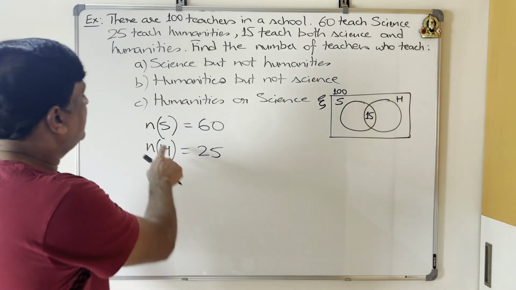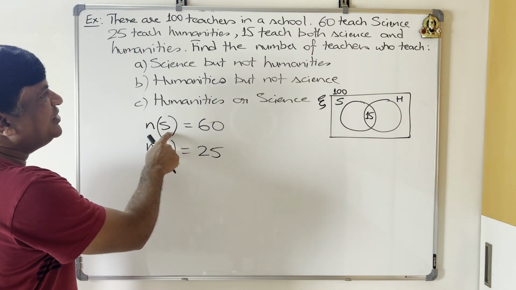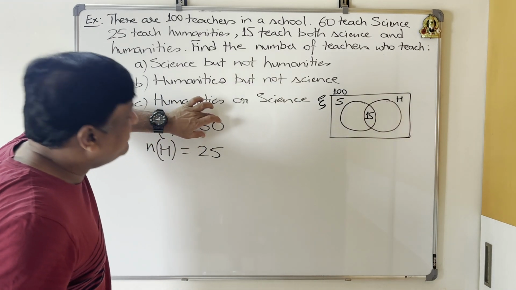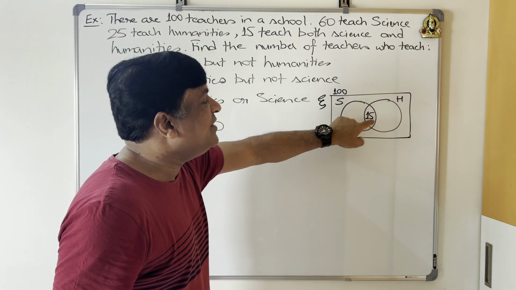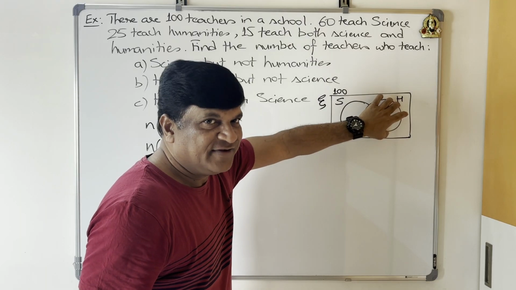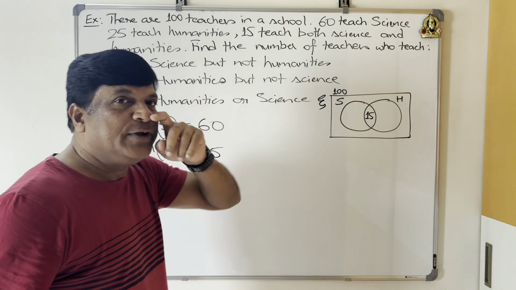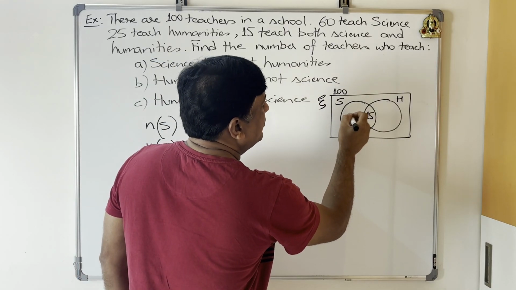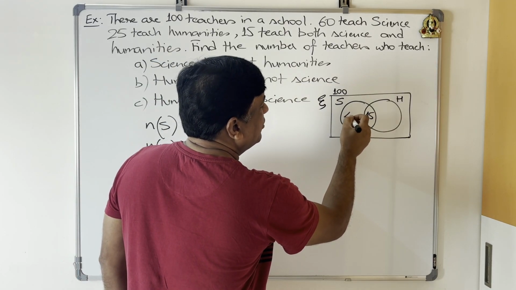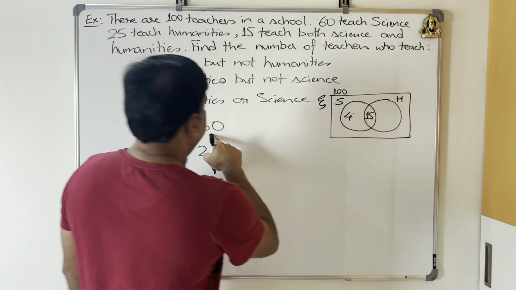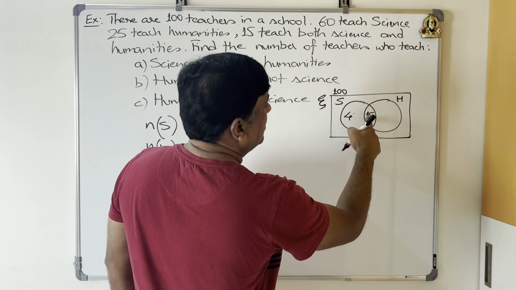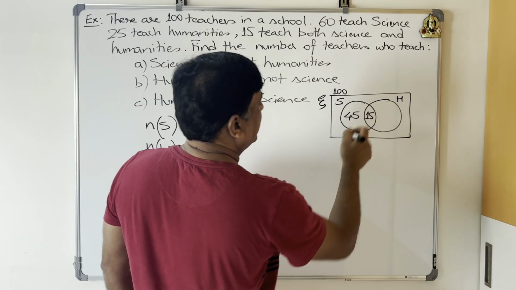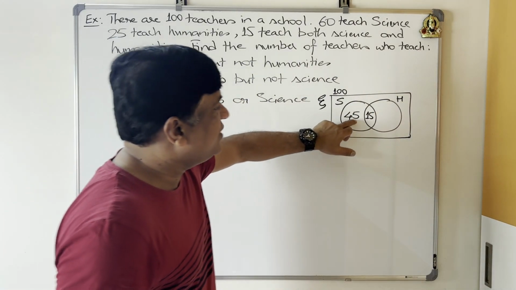It will not work, because the 60 is the total number of science teachers, and within this 60 there are 15 teachers who are also teaching humanities. So the number to put here is 60 minus 15, which is 45.